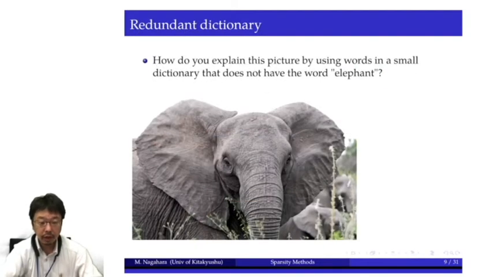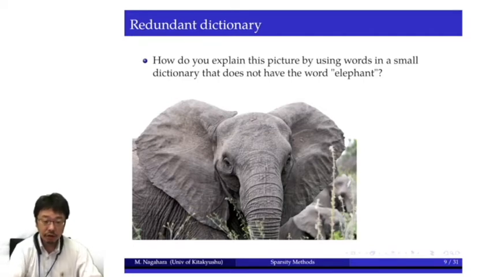Now, I will explain why a redundant dictionary is important for sparse representation. Suppose that you have a very small English dictionary with only 1,000 words on it. You need to explain this picture using only words on your small dictionary, which does not have the word elephant.